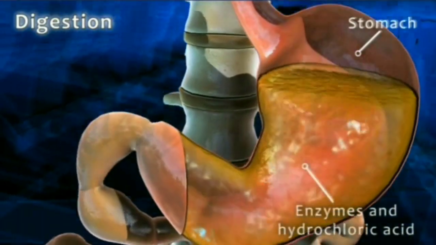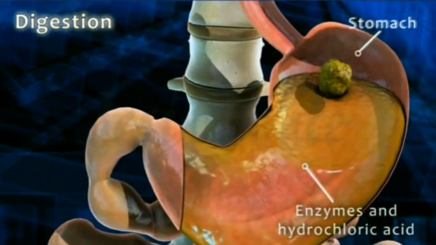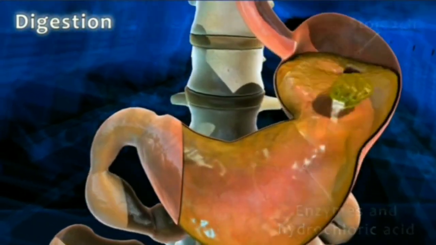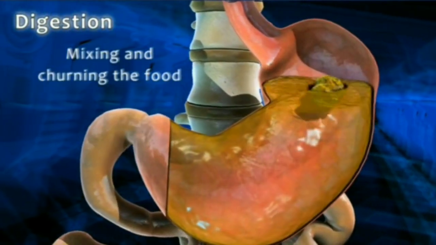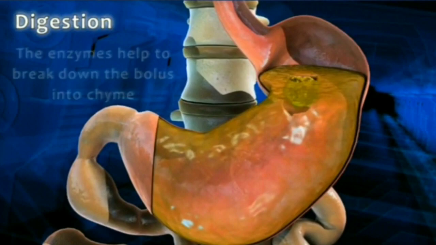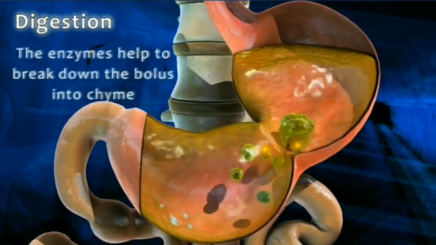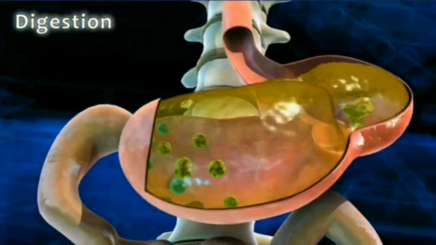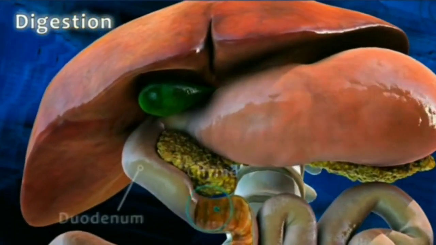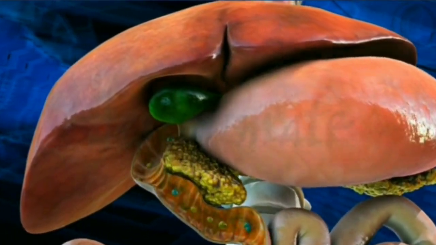The stomach contains a few enzymes and hydrochloric acid. The muscular wall of the stomach helps in mixing and churning the food, which helps the bolus break down into a mass known as chyme. This chyme passes into the duodenum.